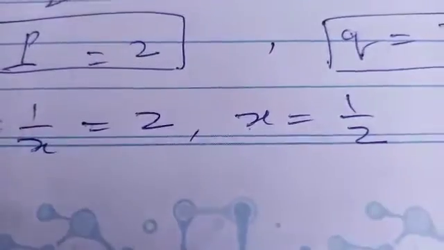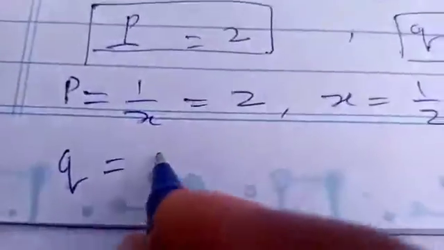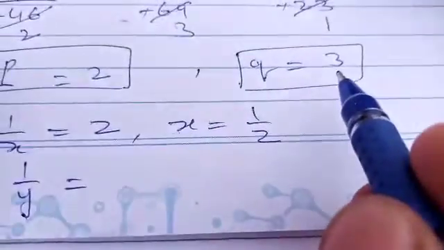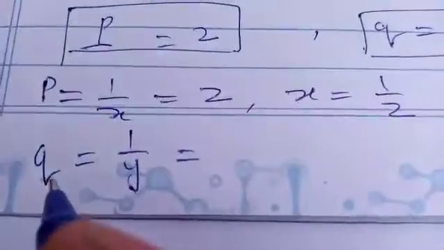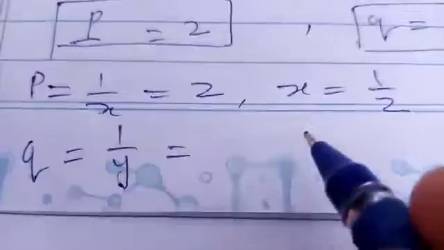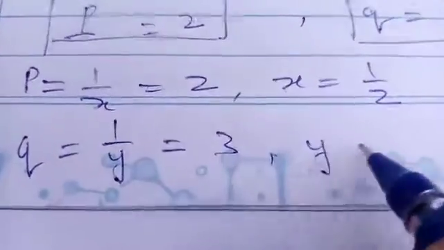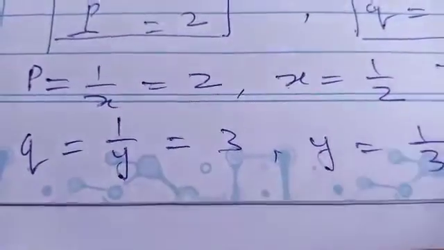Similarly, q equals 1 upon y, and y equals the value of q, which is 3. So placing 3, y equals 1 upon 3. In the same way, you get x equal to 1 by 2 and y equal to 1 by 3.